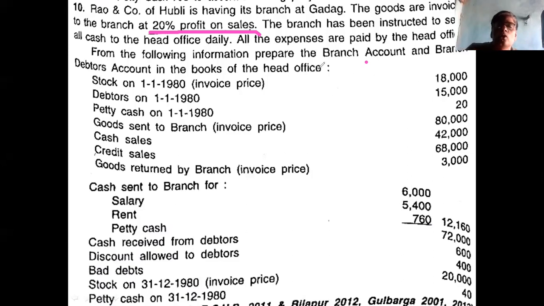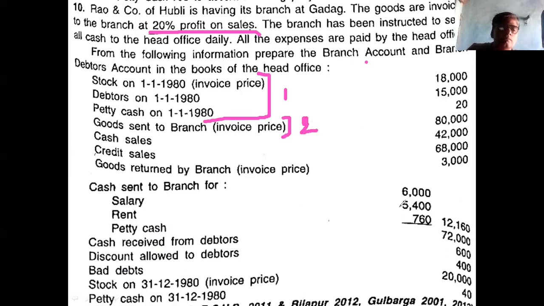Then you have to form the equation. Then opening stock, debtors, petty cash: these three are the first item of the debit side. Debit side second item is goods sent to branch.